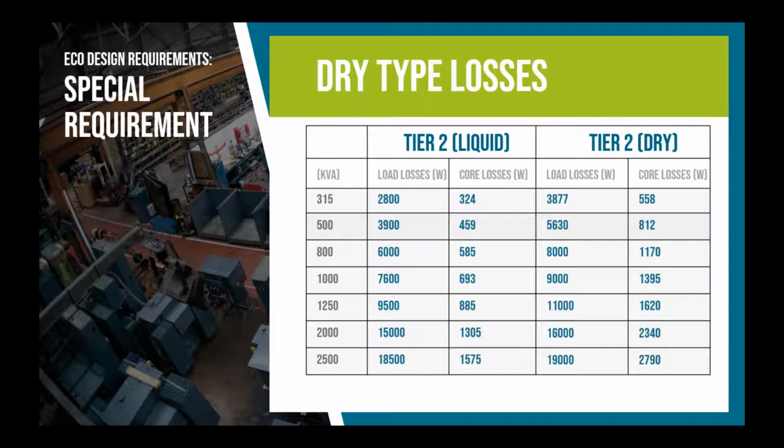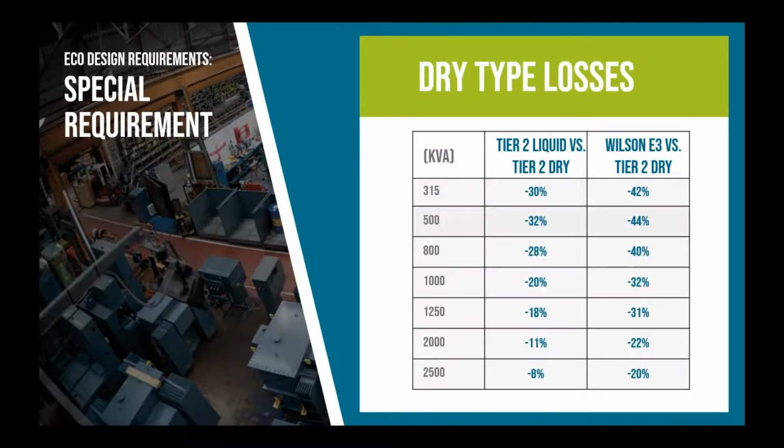Just to mention that tier 2 dry does not equal tier 2 liquid, so you wouldn't expect the same energy savings. If you look here at the lower losses, you can get the percentage. What I did is compare the combined losses, not just core or winding, of the dry type tier 2 to a liquid immersed tier 2 and Wilson E3.